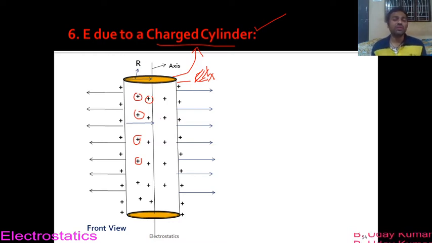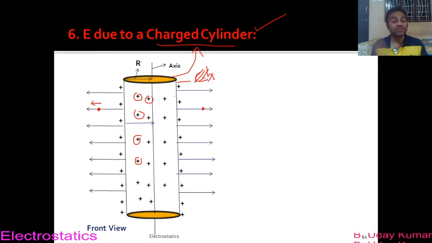Now you know the directions of electric lines of forces. For example, if I take this point, the direction of electric field intensity will be directed outwards. You already know this one. Similarly, if I take this point, the direction of electric field intensity will be directed outwards. So the electric lines of forces give us the direction of electric field intensity at a particular point that you are choosing.